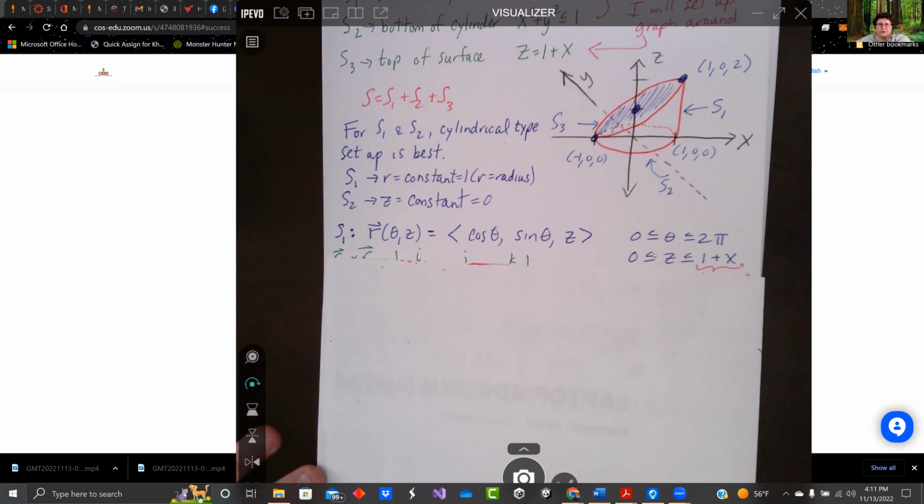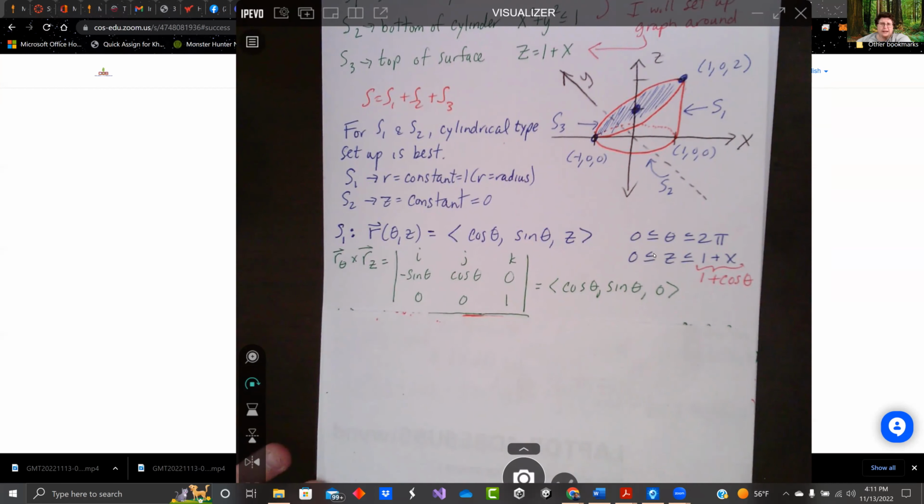We're switching over to theta and z, so 1 plus x is 1 plus cosine theta. We need to find our r theta cross r z. So I took the derivatives and set it up, and I got cosine theta, sine theta, and 0 for my cross product, which means the magnitude of the cross product is 1.